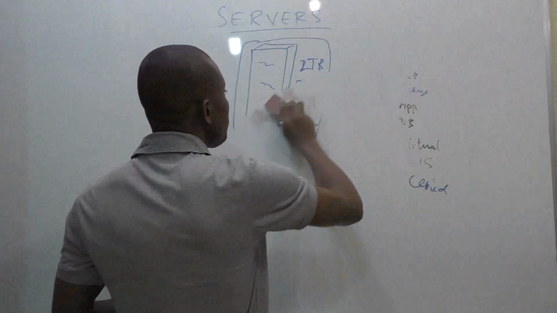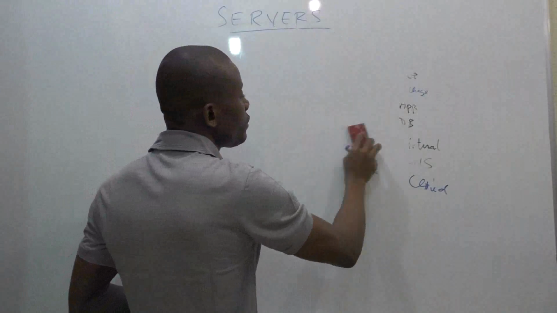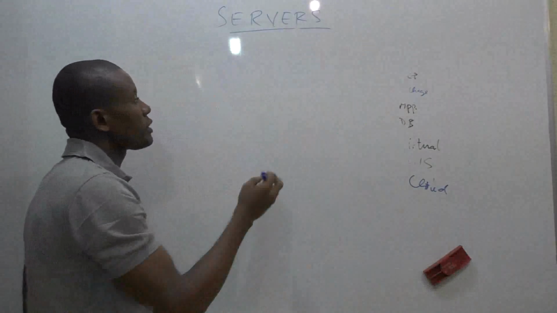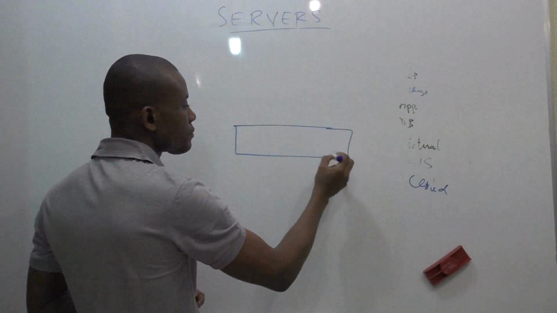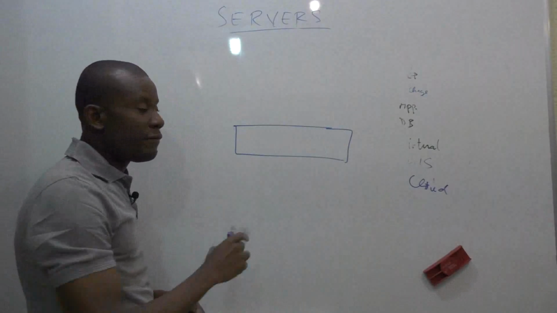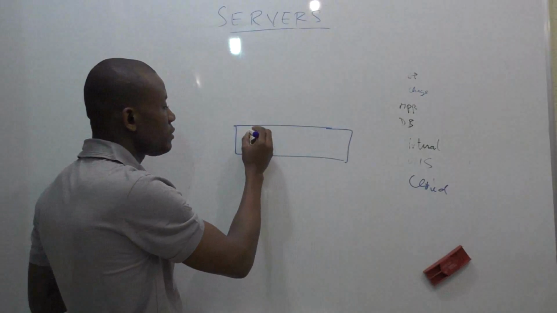So let me just give a diagram to help you understand how it works. Let's assume that we have this as the machine.